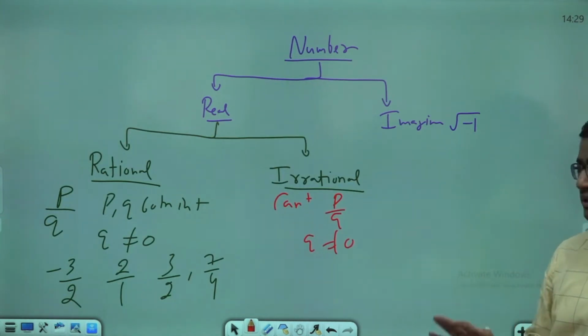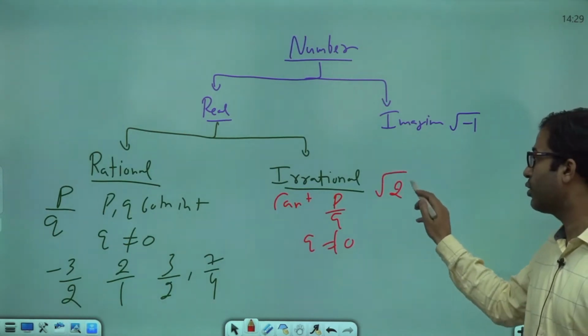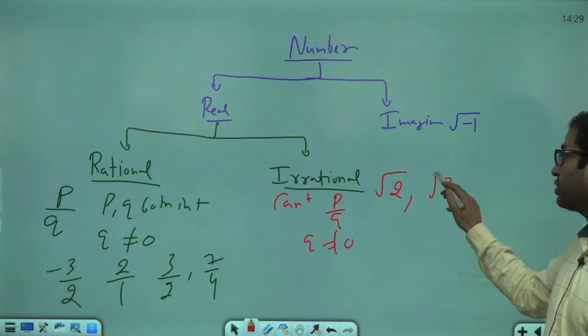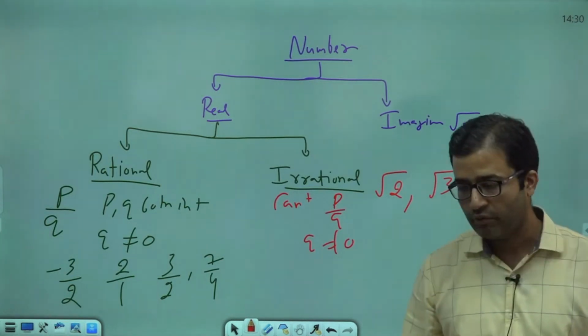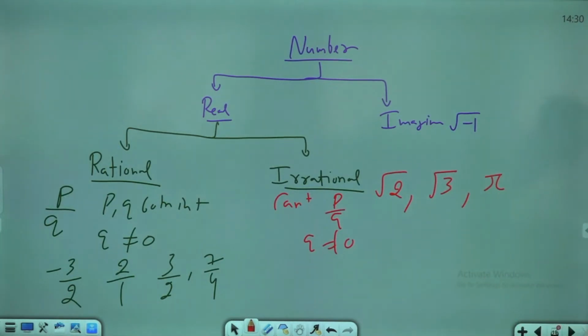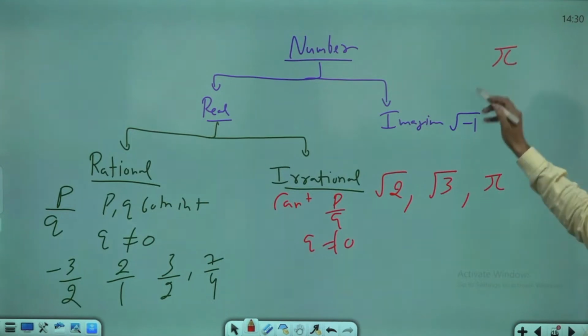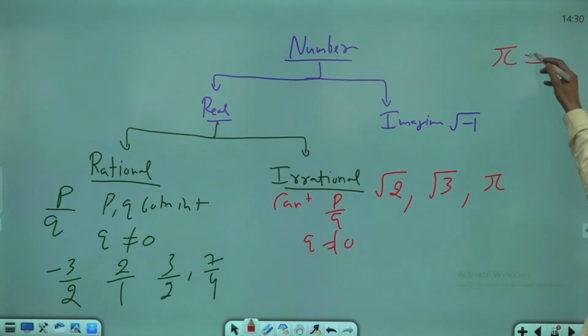So for irrational numbers, keep in your mind under root 2, under root 3. These are examples of irrational numbers. Even pi also. The value of pi, I tell you, 22 by 7 is not the exact value of pi. It is the approximate value of pi.